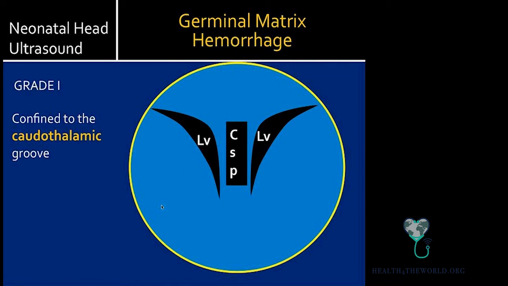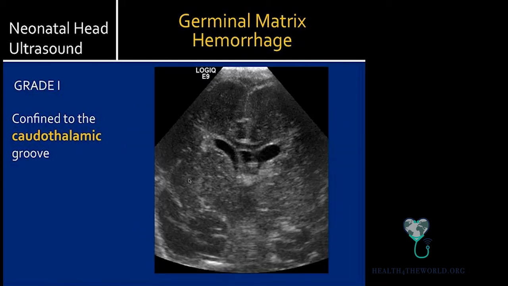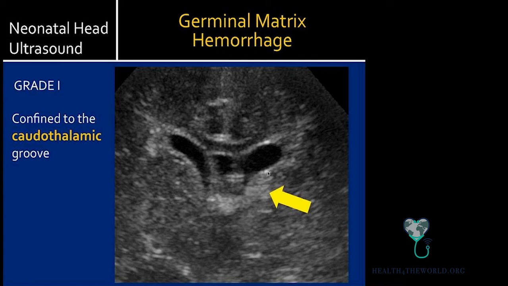Remember, we showed you that on the sagittal view, that notch between the caudate and the thalamus. On a coronal view, this is what it would look like in a real image. There's this bright echogenic area in the groove, and you shouldn't see anything echogenic there. That's when this is abnormal.